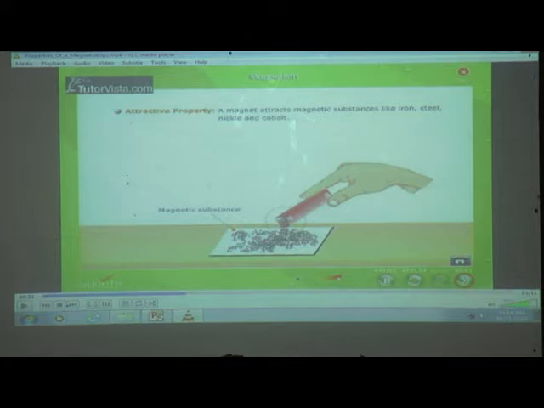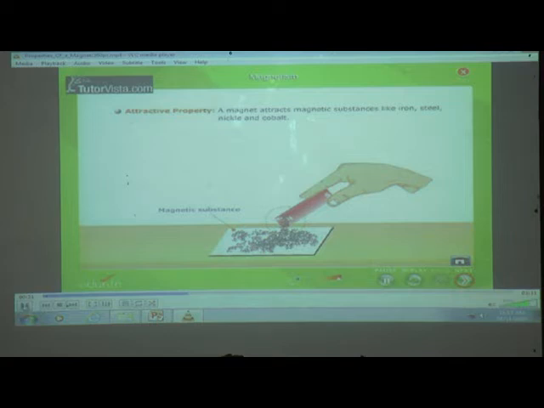So this is the property which is used to separate magnetic and non-magnetic substances if they are by mistake mixed with each other. If we have to separate magnetic and non-magnetic substances, at that time we can use a magnet, by using its property of attracting magnetic substances towards it. So this is the first property.